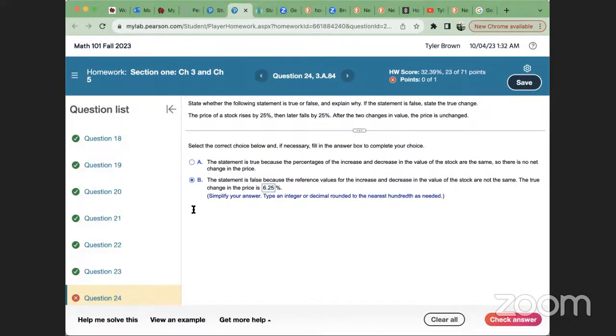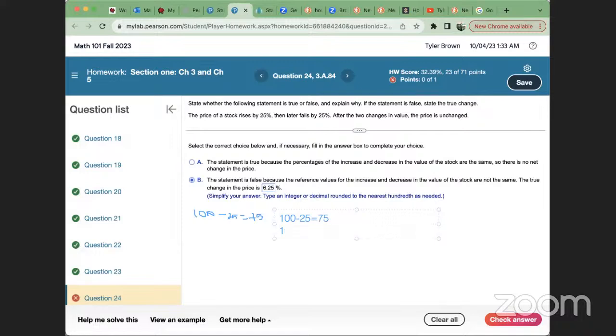So we got 100 minus 25, wish I had a mouse, equals 75. Maybe I'll try text. All right. 100 minus 25 equals 75.